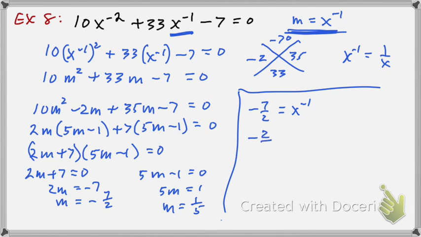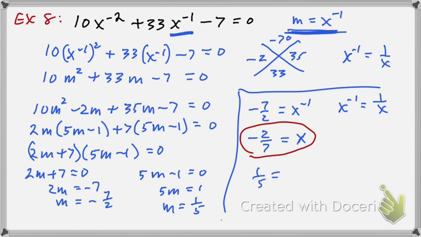So negative 2/7 equals x. Because x to the minus 1 equals this. If I just flip both sides, here's one answer that we would need to check. I'll do the same thing. 1/5 equals x to the minus 1. I flip both sides. Here's my other potential solution.